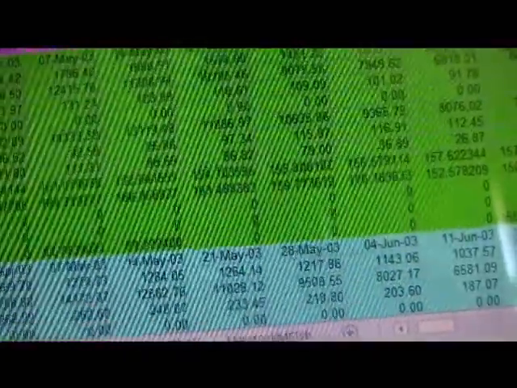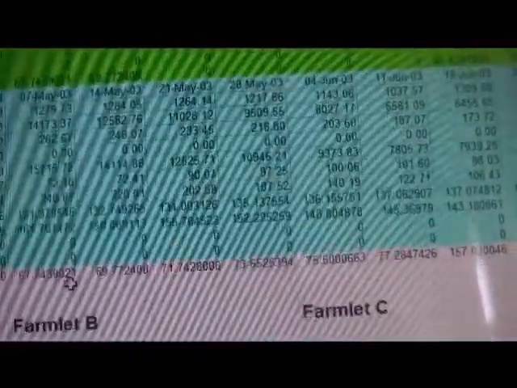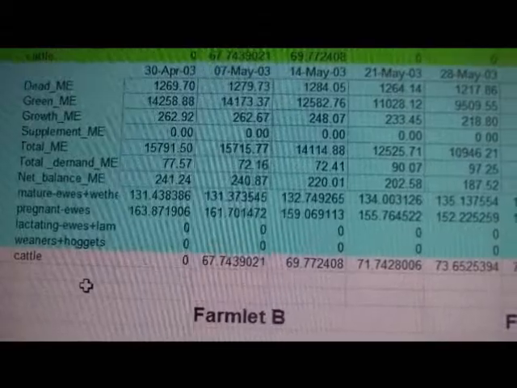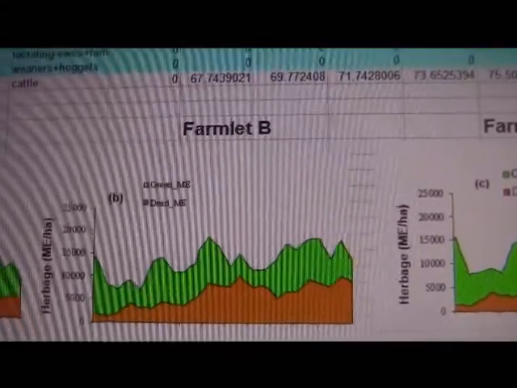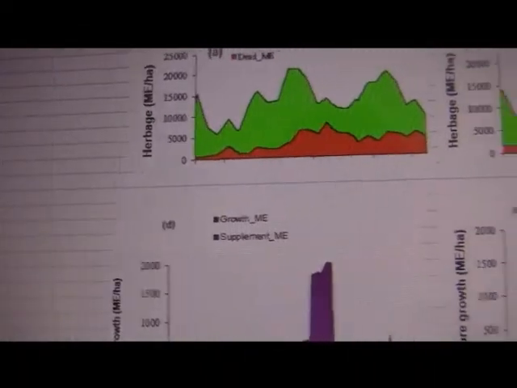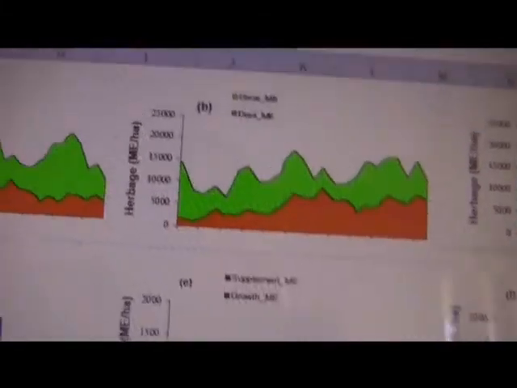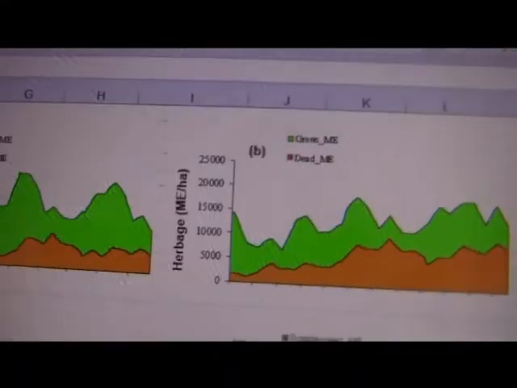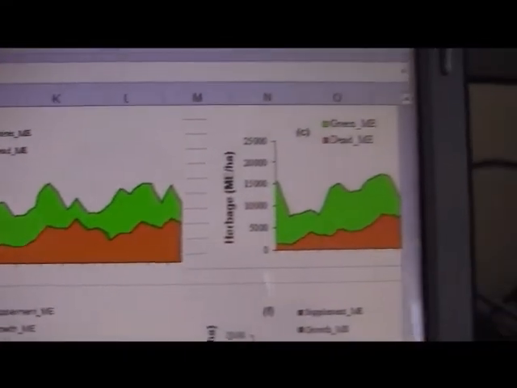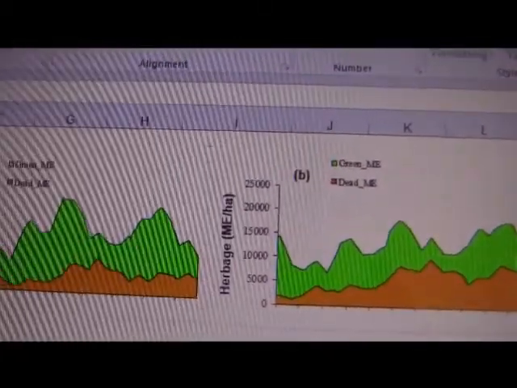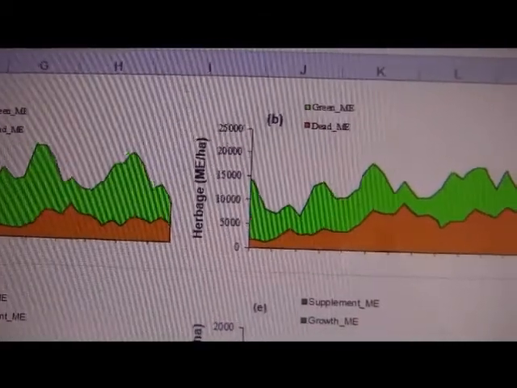As we scroll down, after we have also calculated the animal demand based on the size of the paddock for each system, we can have our data graphically here for Farm A, Farm B, and Farm C. We still have the herbage mass, in this case for the green herbage and for the dead herbage for all the farmlands.